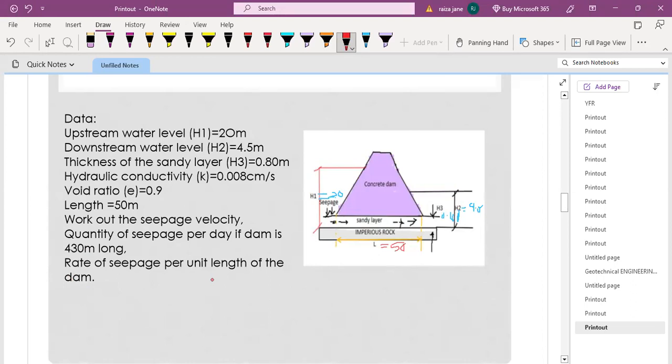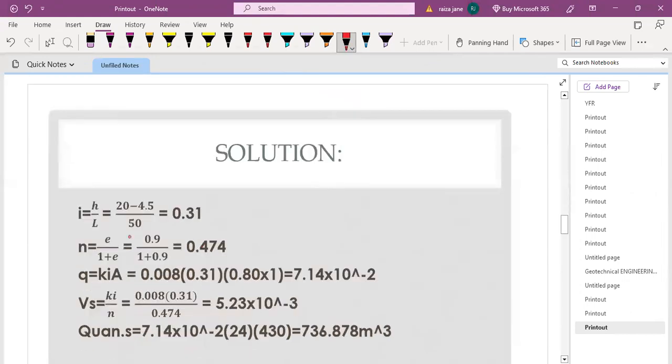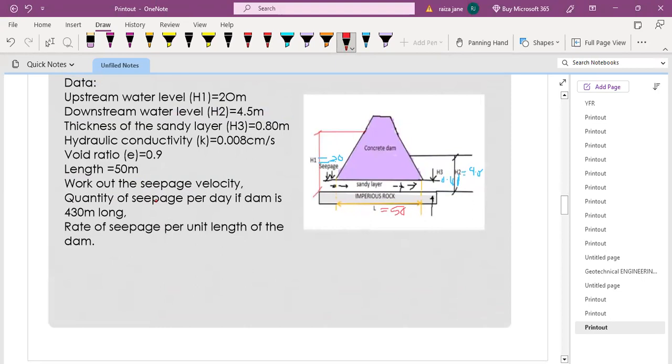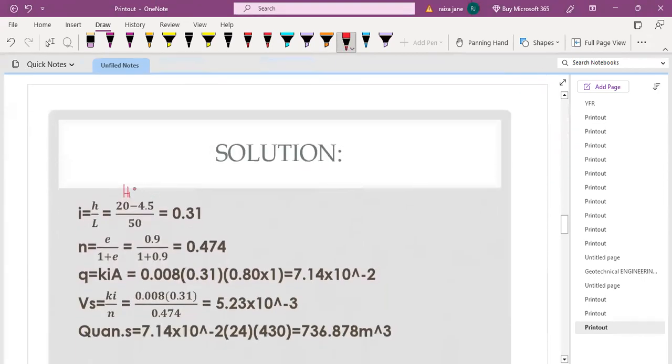So, in step 1, to determine the hydraulic gradient first. So, I is equal to H over L. Our H1, if I'm not mistaken, H1, the upstream, and also downstream, H2.